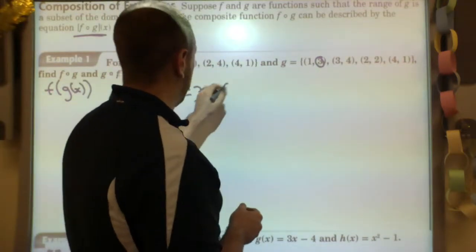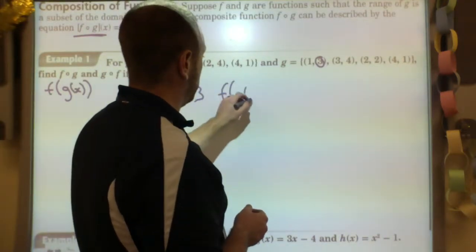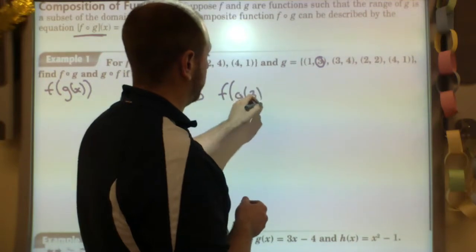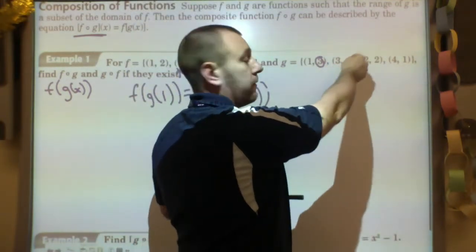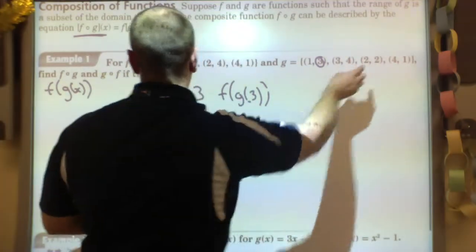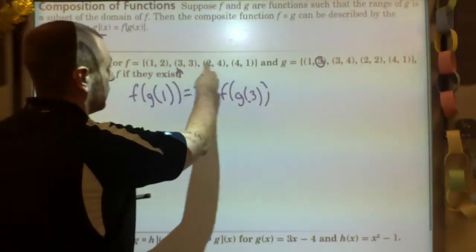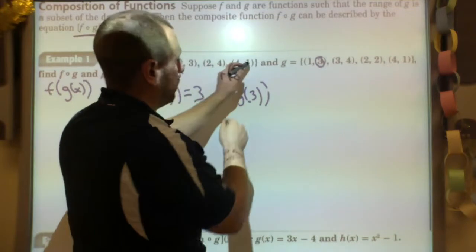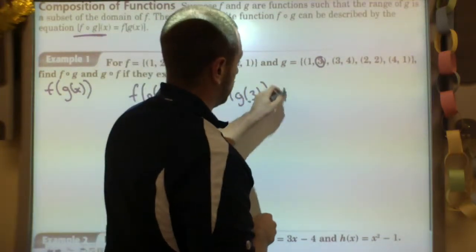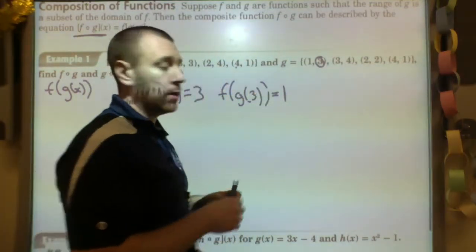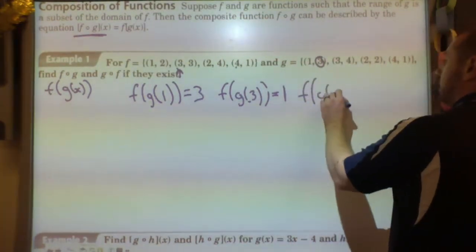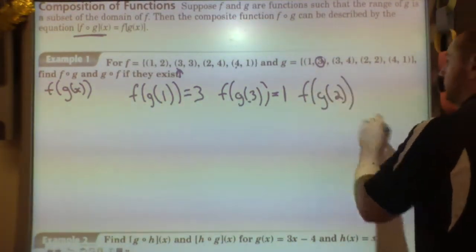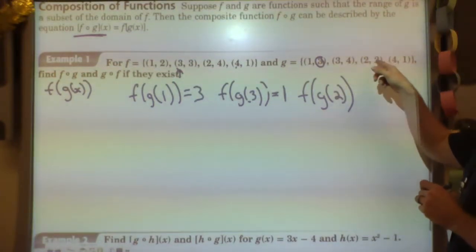Now I do my f of g of 3. So I start with 3 in my g. It goes to 4. 4 in my f function goes to 1. So it's 1. F of g of 2. 2 goes to 2.